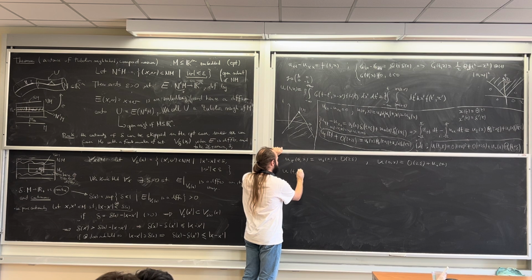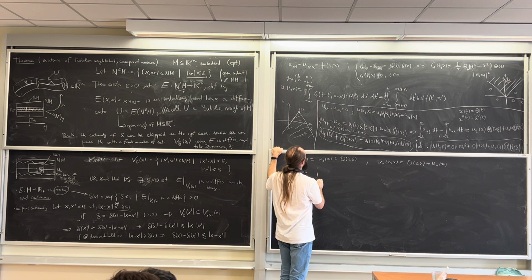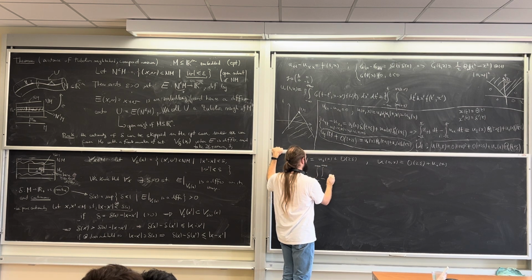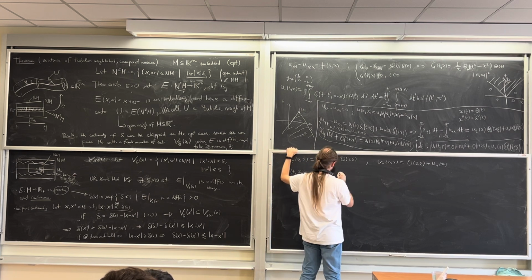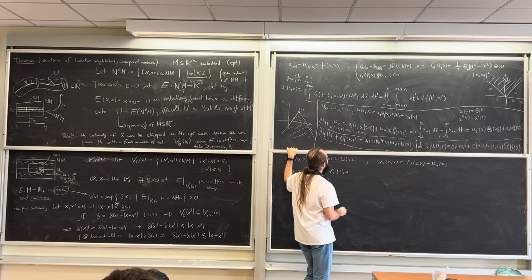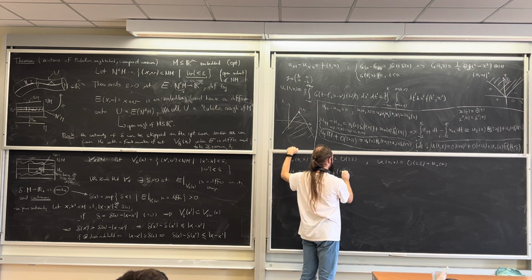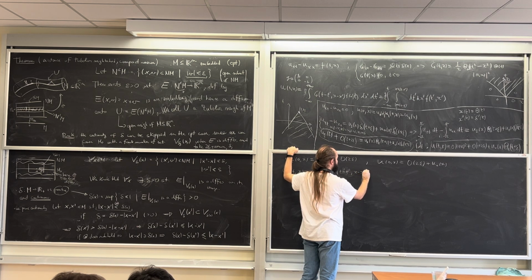So u of t and x is equal to the integral from minus infinity to plus infinity of g of t minus t prime, x minus x prime.